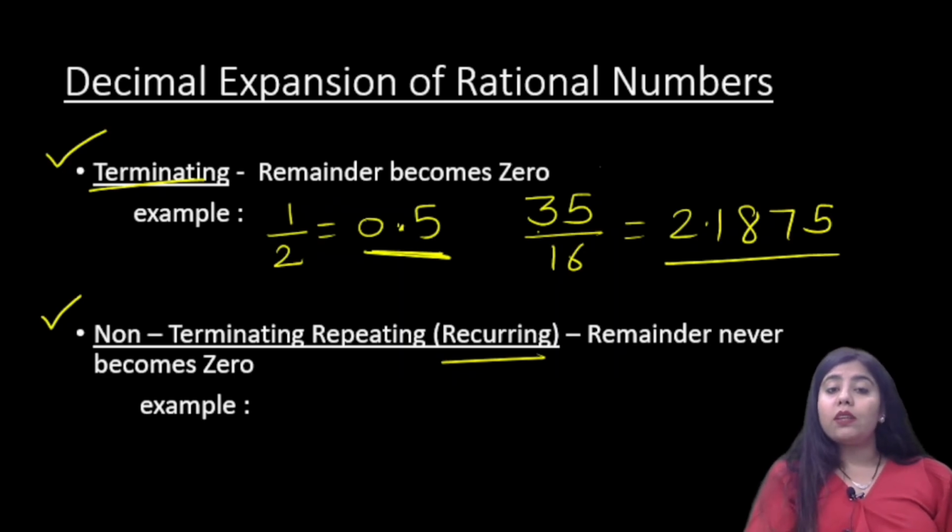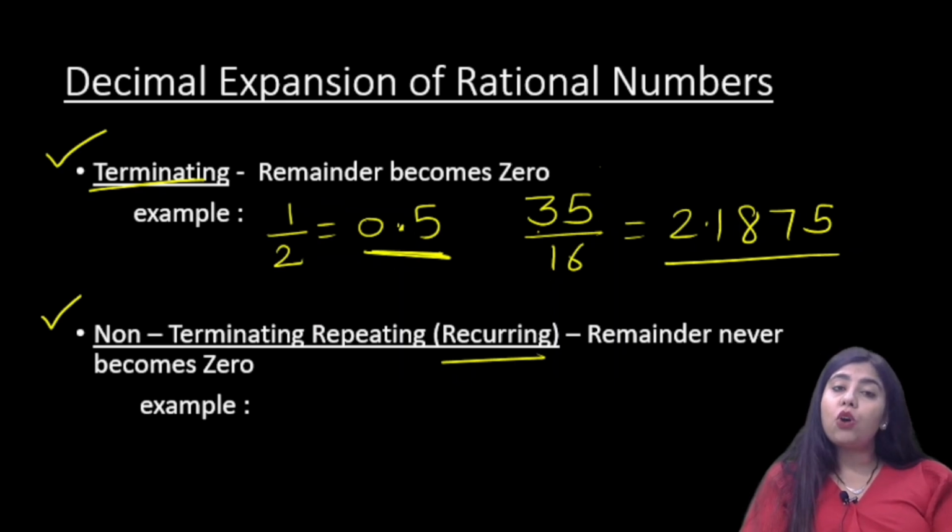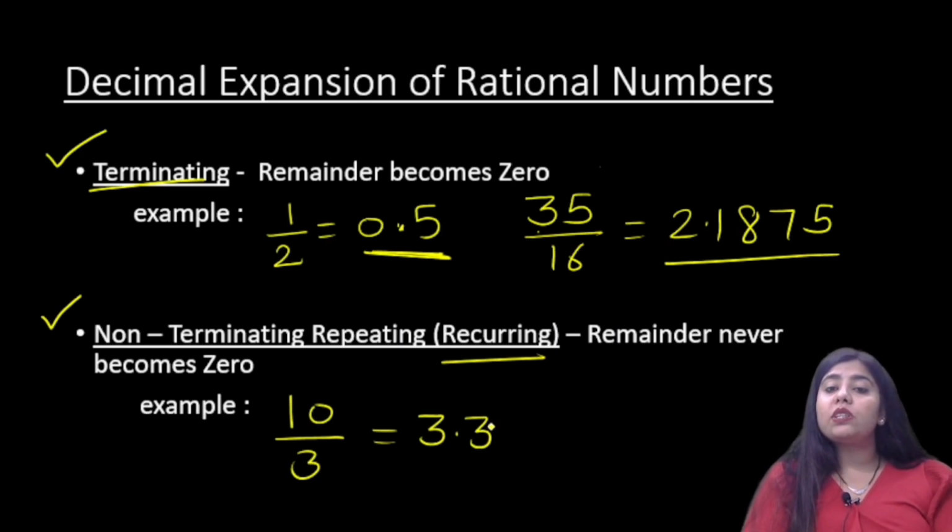Now the next one we have is non-terminating repeating decimal expansion. Non-terminating means that decimal expansion which never stops. It will continue up to infinite times. And repeating means the decimal expansion which is following any pattern. For example, we just learned 10 upon 3 and we get that it is 3.333 and so on.